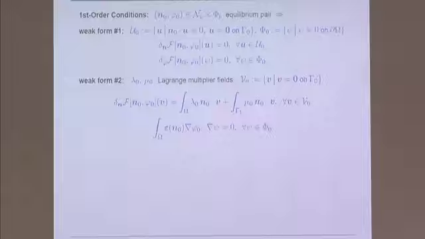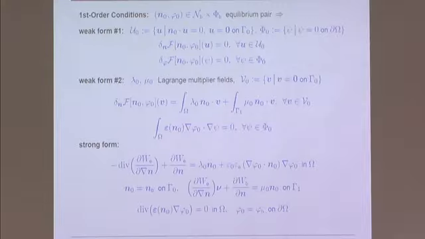First variation must be counterbalanced by a Lagrange multiplier in the bulk and a Lagrange multiplier on the free part of the boundary. And then the electrostatic equation, this is the same equation as here, just written out in its weak form instead of its differential form.